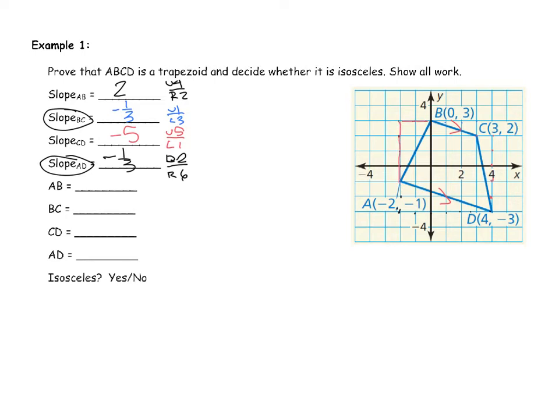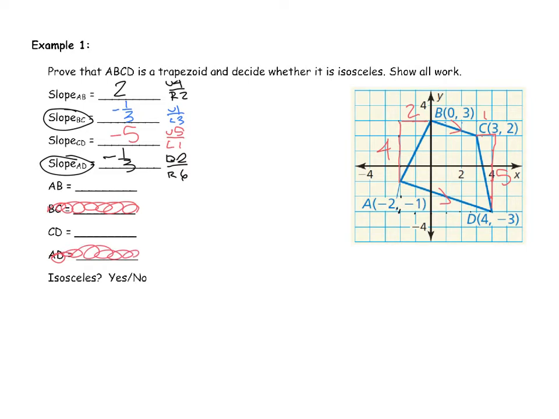So I'm going to kind of draw in my right triangles here. So that's 1, 2, 3, 4, and that was 2. And then this one over here was a 5 and a 1. So I'm only going to look at my legs. So we're going to disregard finding that distance and finding that distance, making your life a little bit easier.